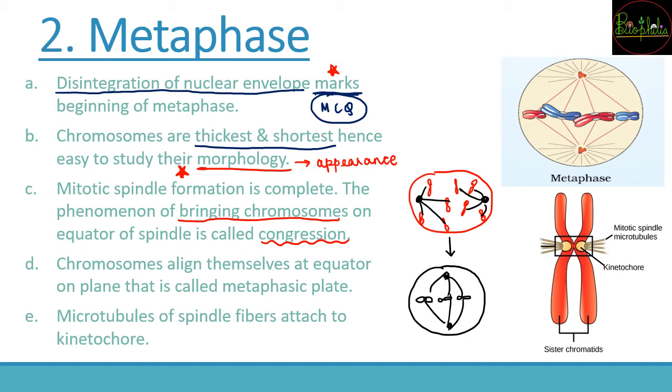And the center plate, the imaginary center plate is going to be called as the metaphasic plate. So metaphase कैसे होता है, so center of the cell or the it is called as the equator. जैसे earth का equator होता है, similarly the plane which is going to be in the center of the cell is going to be the metaphasic plate.